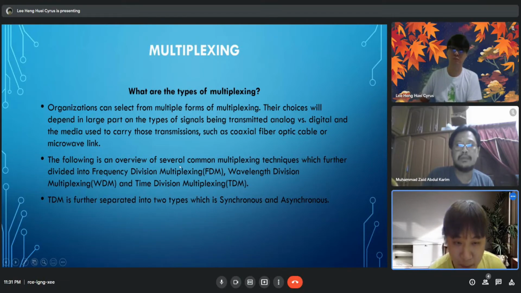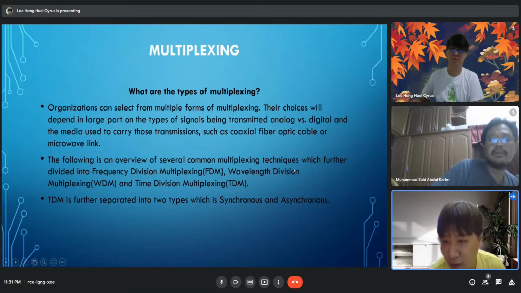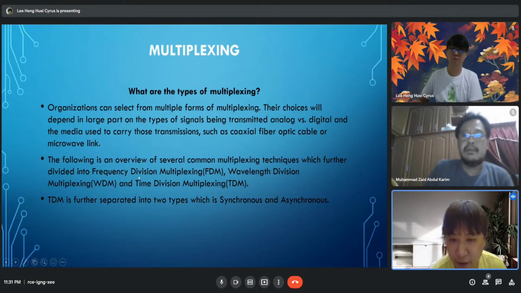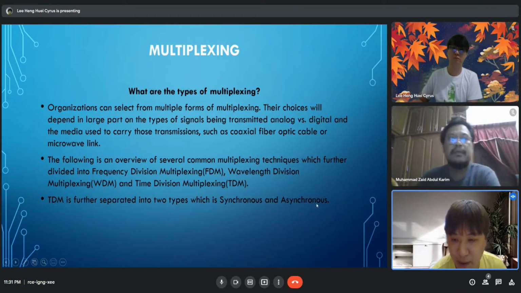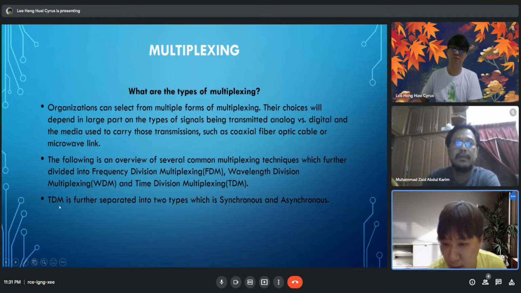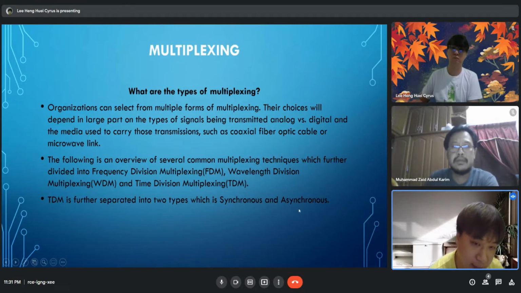The multiplexing techniques further divide into frequency division multiplexing, FDM, wavelength division multiplexing, WDM, and time division multiplexing, three types. And TDM is further separated into two types, synchronous and asynchronous.